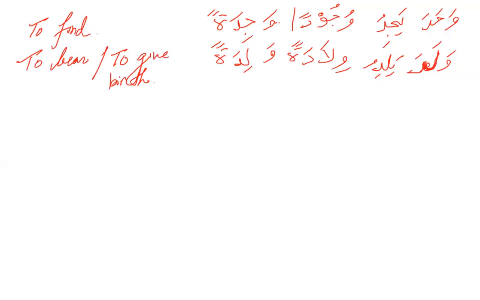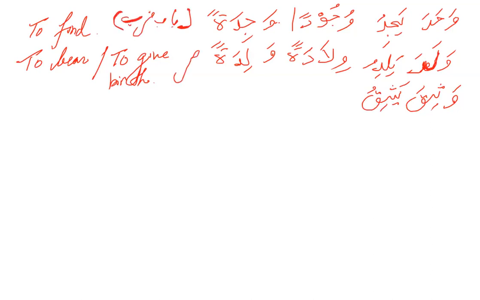Then you have wasiqa, yasiqu. So this was Bab Daraba. This was also Bab Daraba. This is Bab Sami'a, sorry, Bab Hasiba.